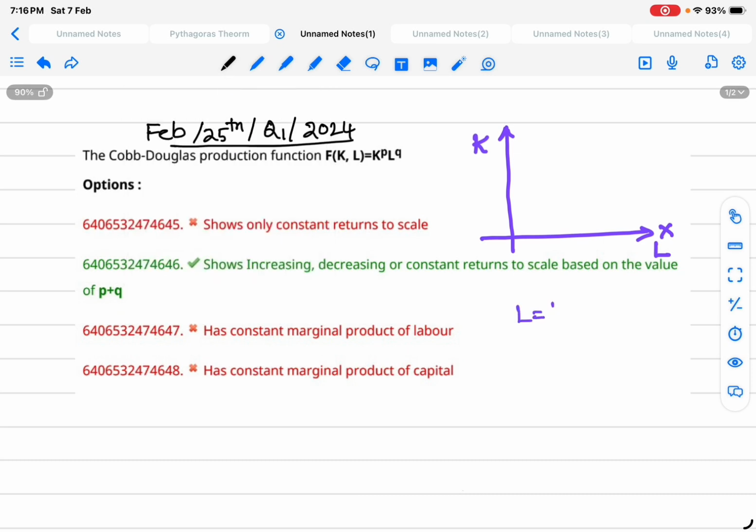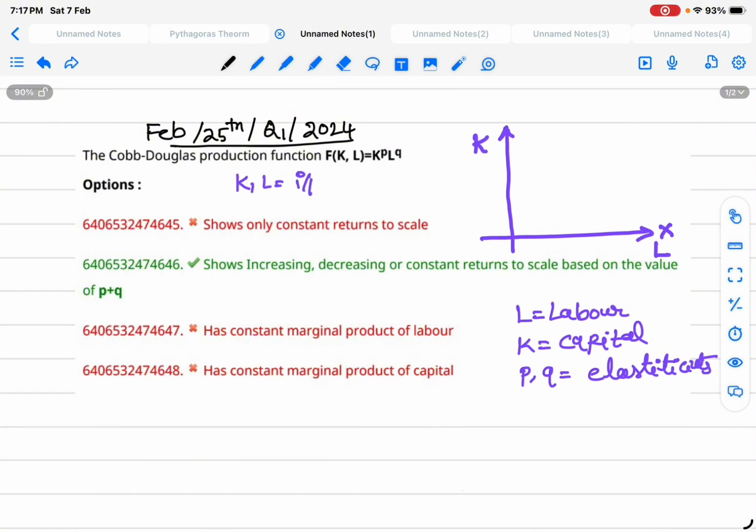P and Q represent the elasticities. P represents the elasticity for capital, that is K power P, and Q represents the elasticity for labor, L. So for the Cobb-Douglas production function, L and K are both inputs.